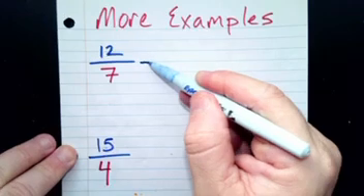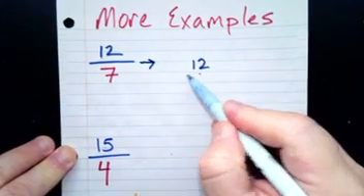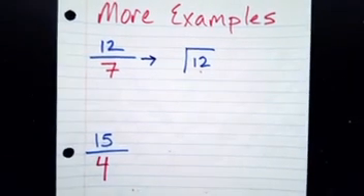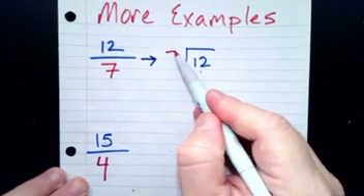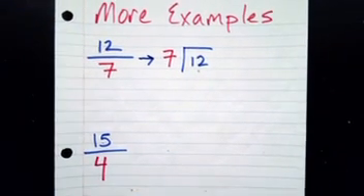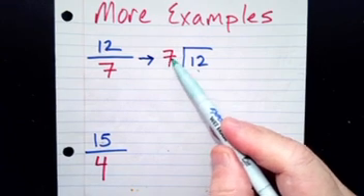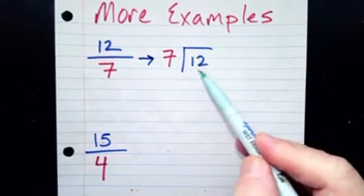So first off, I'm going to rewrite this as 12 divided by my denominator 7. Remember, every fraction's a division problem. Okay, so my goal is to find a number that multiplies times 7, find a product that is 12 or less.